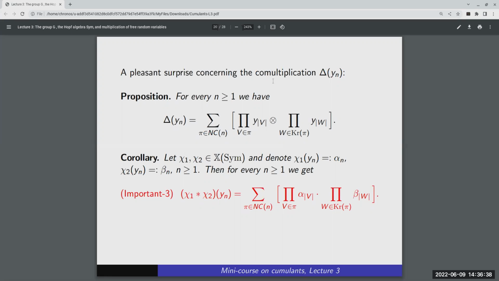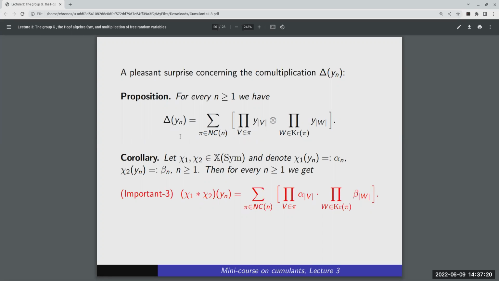You know the delta of the e's, therefore you can write delta of y_n in terms of elementary symmetric functions, and then convert back to your y's, and miraculously you get this very nice formula, which already has the flavor of being important. You get a product of y's indexed by the blocks of pi, and a product of y's indexed by the blocks of the Kreweras complement of pi, only that they're in a tensor product now. The tensor disappears when you move to convolution of characters.